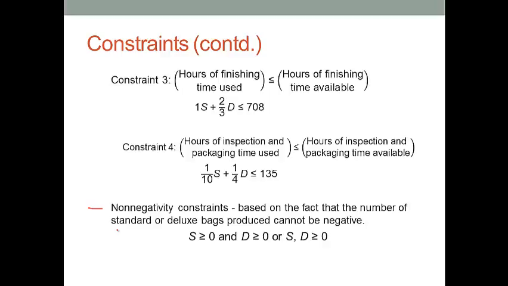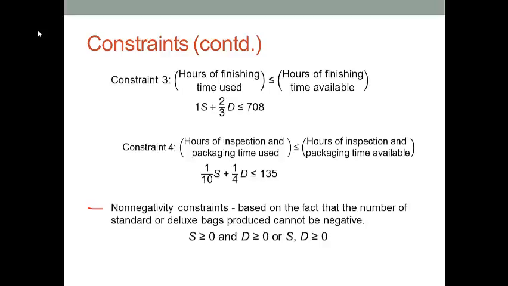The number of standard bags manufactured cannot be a negative number. Neither can the number of deluxe bags manufactured. These two constraints are not mentioned in the analysis requirement. However, we should consider them from a practical standpoint. In the future, if we find that the value for S or D is negative, then we should know that the analysis result is not accurate.